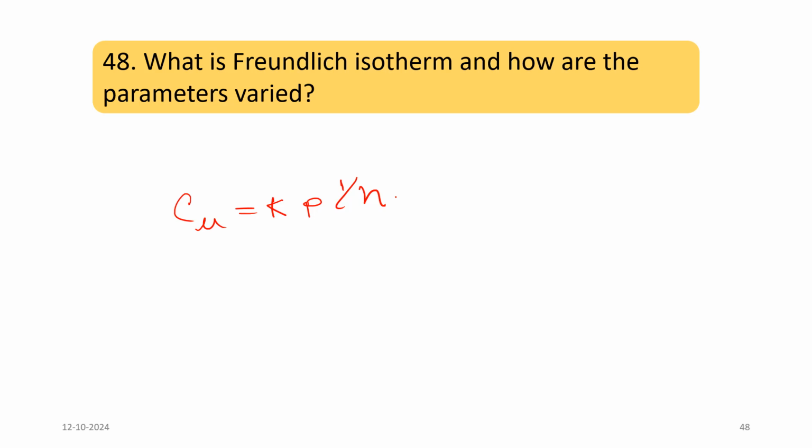When N is greater than 1, the larger this value, the more nonlinear the adsorption isotherm becomes, as its behavior deviates further from the linear isotherm. And when N is greater than 10, the adsorption isotherm approaches a so-called rectangular isotherm. So these are the physical significance of the parameters.